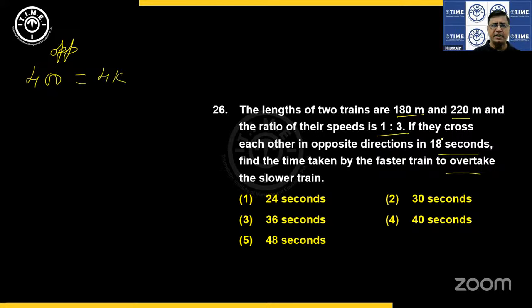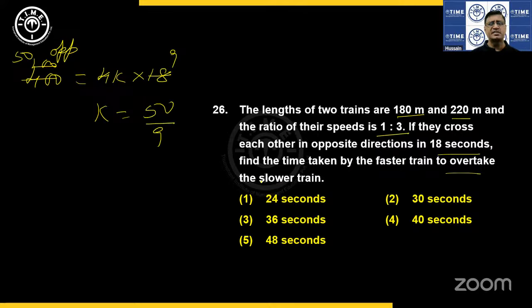And what is the time taken? Time taken is equal to 18 seconds. Simplify. What is the cancellation? 4 goes exactly 100 times. 2 9 times, 2 here 50. The value of k is equal to 50 by 9.